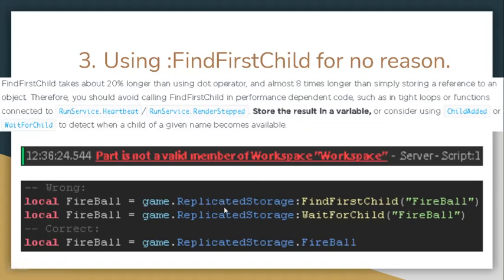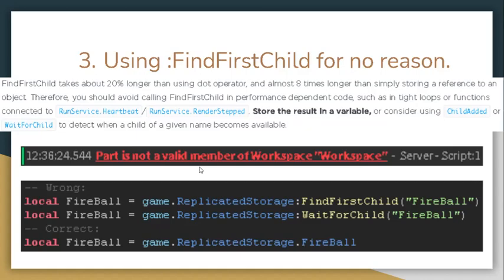So everything in ReplicatedStorage will be there in time before a script runs. That's for sure, because that's the first thing that I think loads in. Okay, so this is the correct way to do it. Just use the dot. It's way quicker than using FindFirstChild or WaitForChild. So definitely every time you reference an item in ReplicatedStorage, always use dot. There's no point of doing anything else.